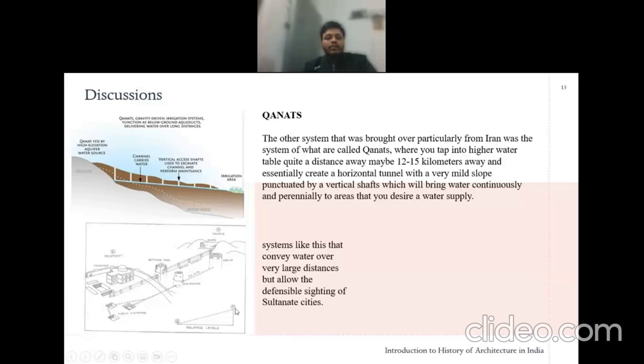So you can see portion A where the source of water was located, and portion B where the users were located. The water was transferred from A to B through gravity, and these were conduits built in rocks or bricks, tunnels through which the water flowed to these settlements.